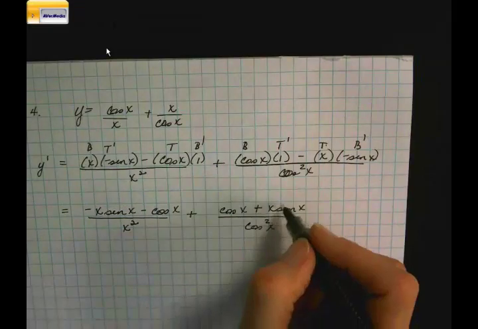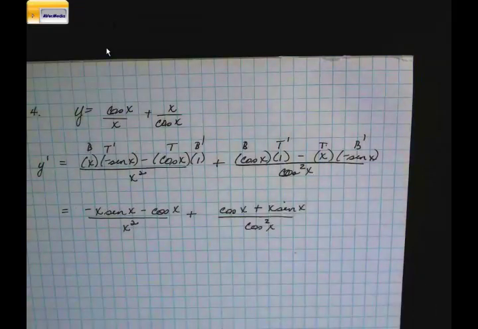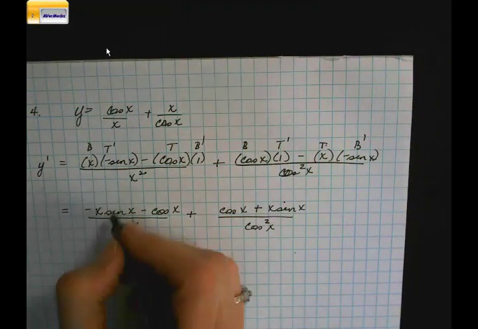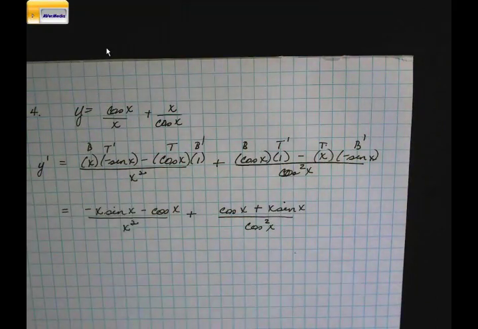Now if you did collect these together with the new denominator of x squared cosine squared x, it just wouldn't accomplish anything. I did it in my notes, and I looked at the answer in the back and thought, well, I just wasted a whole bunch of time.